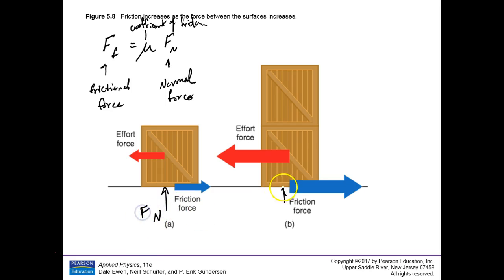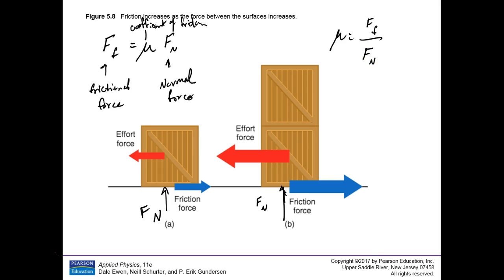F sub n here would be an even greater F sub n because it has more weight down. Okay. Now, this coefficient of friction that I've written here, the mu, is the ratio of the frictional force to the normal force. So you could rewrite this as mu is equal to F sub F, the frictional force, over the normal force.